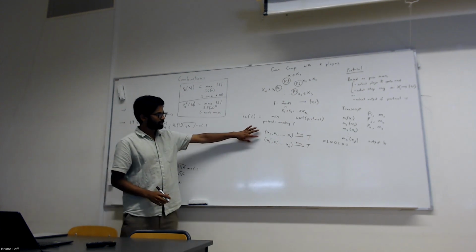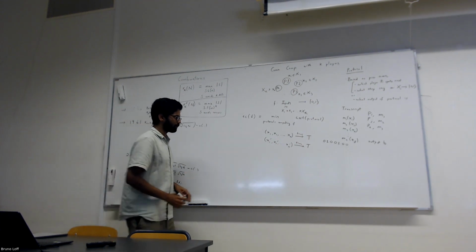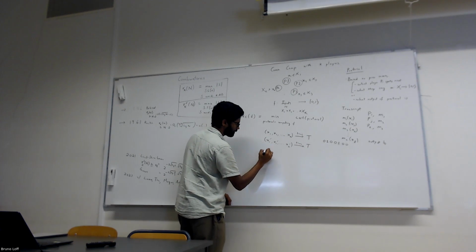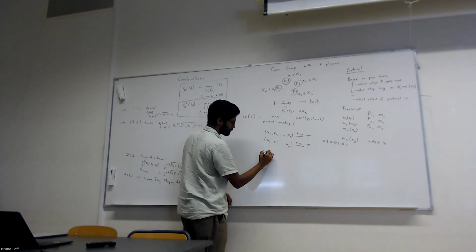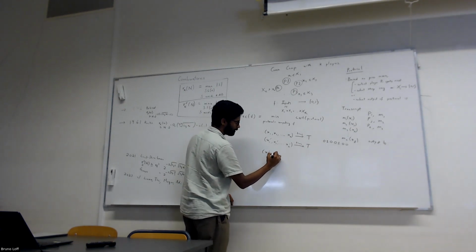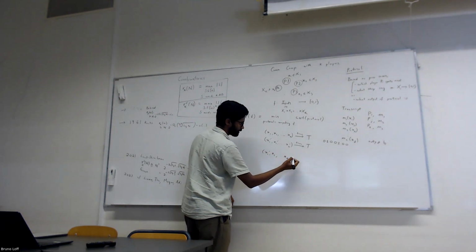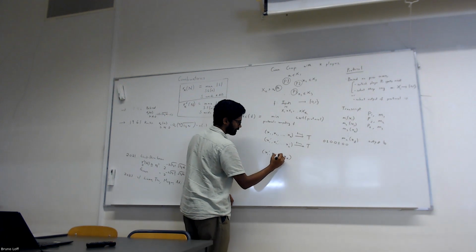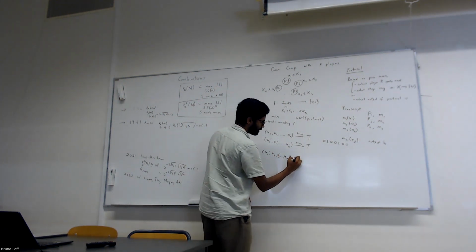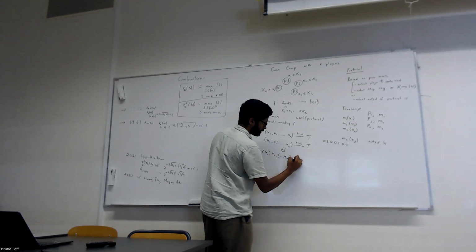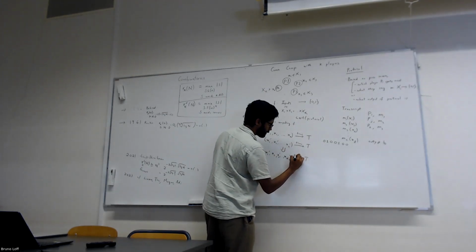Then you can actually mix up these inputs in whatever way you want. For the first person's input, I can choose x1 or x1 prime, it doesn't matter. Second person's input is x2, and the last person's input is xk. Then this will also have the exact same transcript.